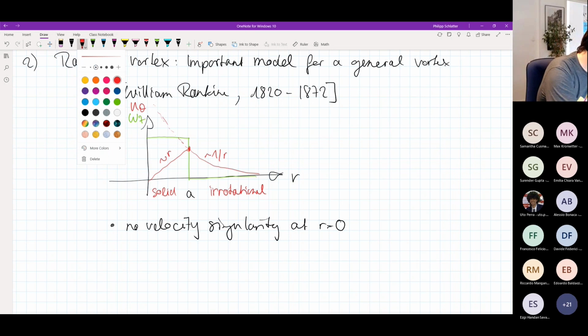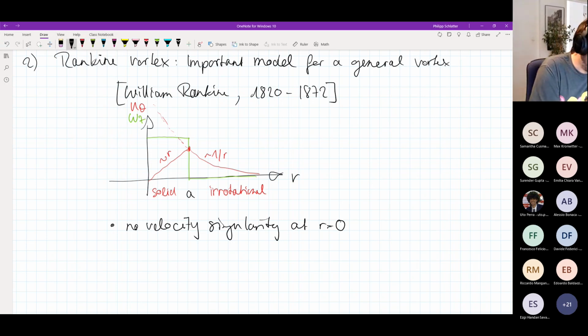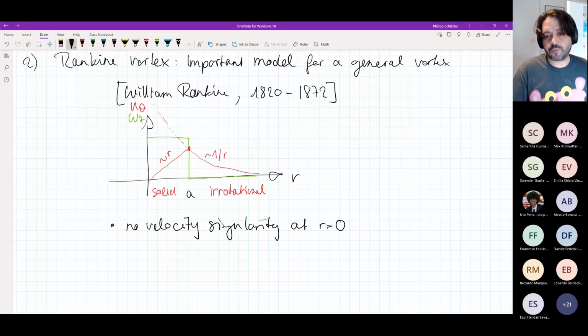And also at the same time, you have a well-defined value of the vorticity, which essentially is a circle with a given value of the vorticity, which you can calculate. It's pi a squared times the vorticity.